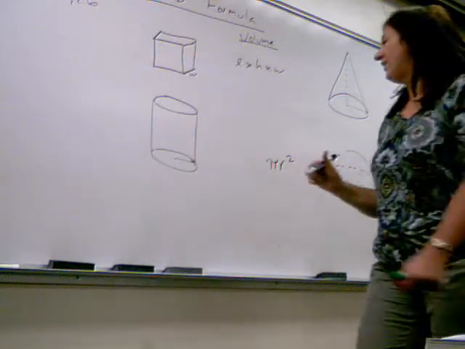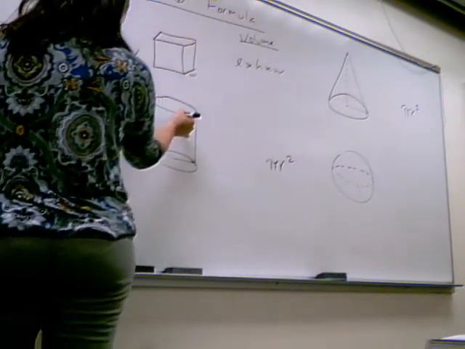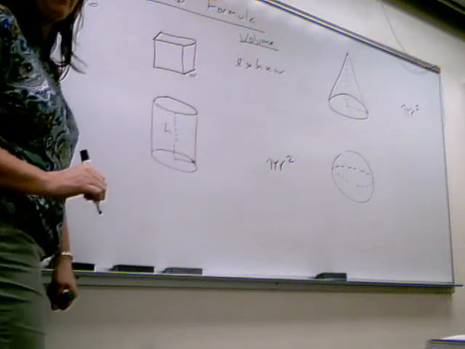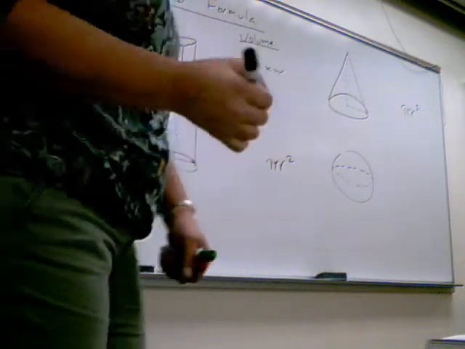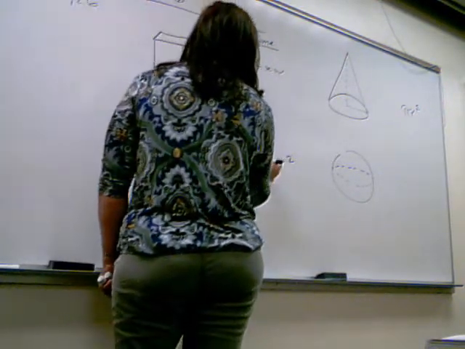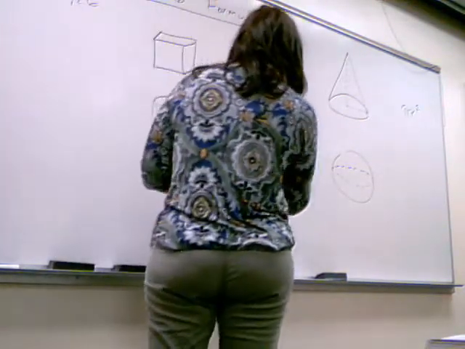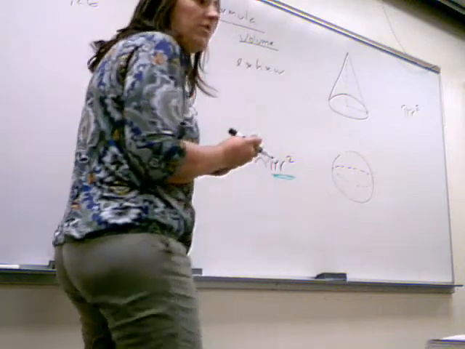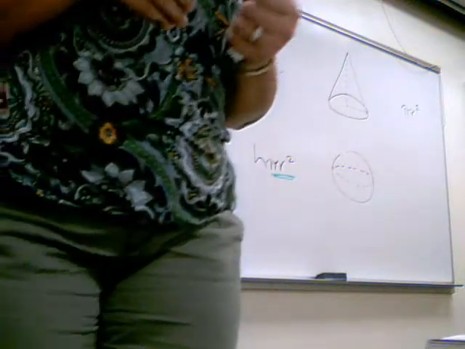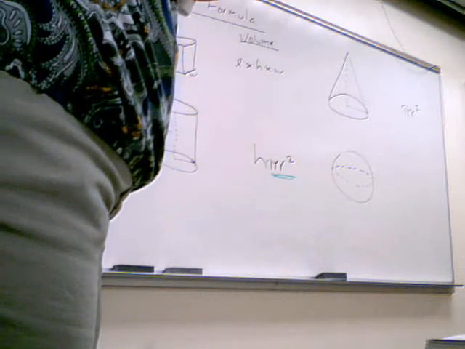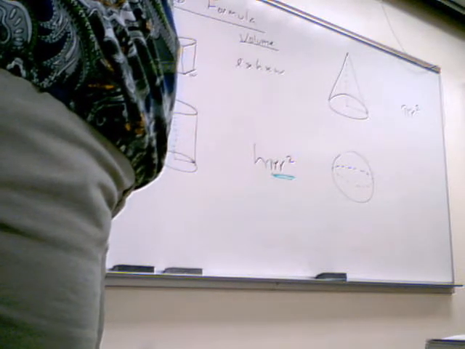Now, what's the other measurement I'm going to be given? Well, I'm going to be given a height, right? So for my cylinder, it's just height times pi r squared. So as long as you remember the area formula of the circle, you put in the height, you're good to go.